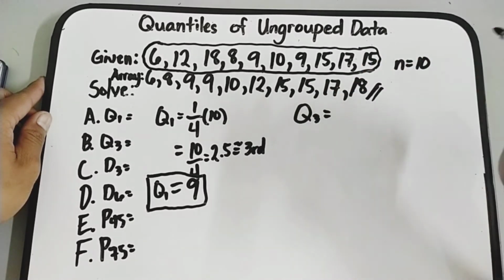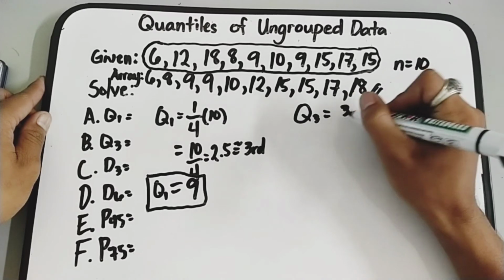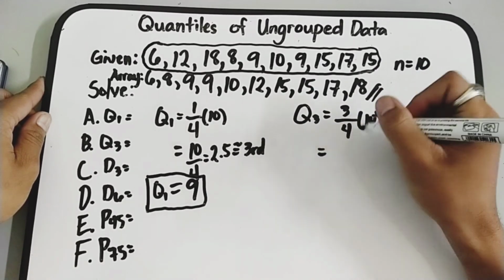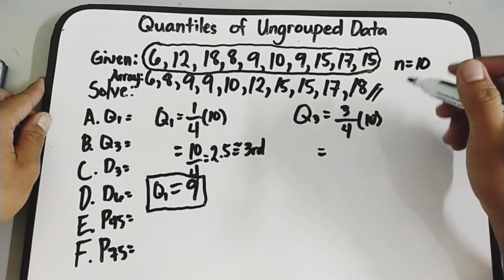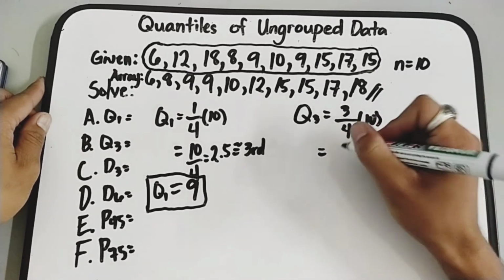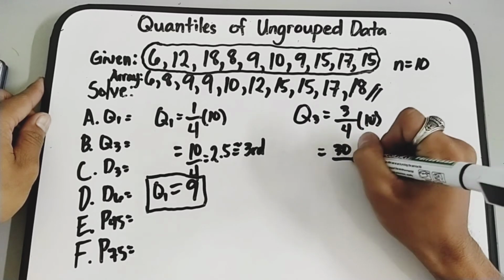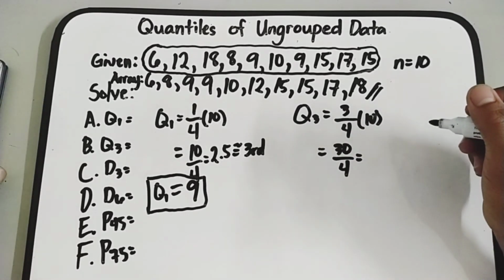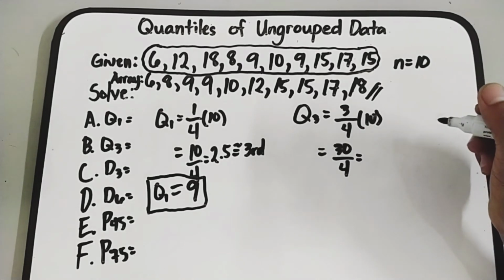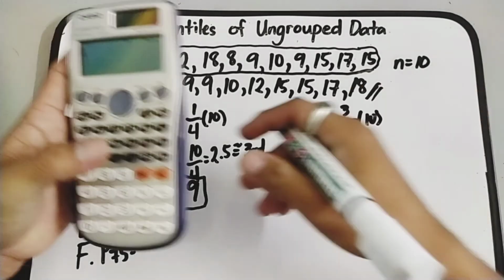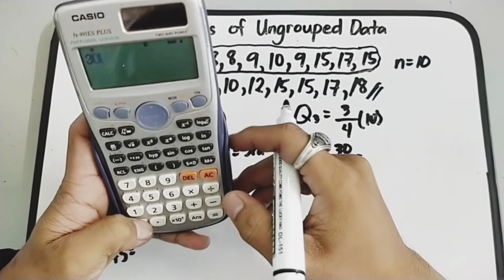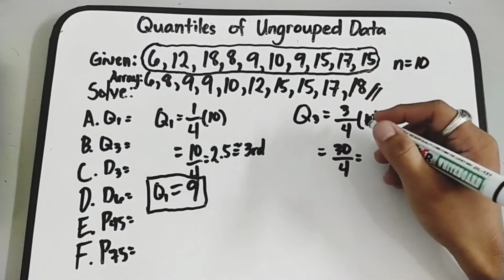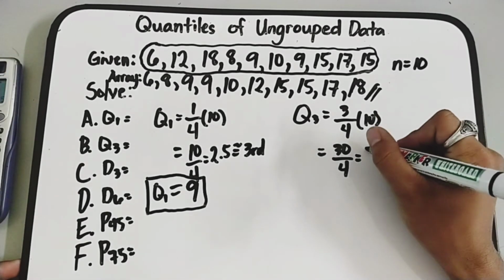In our quartile 3, same procedure, 3 over 4 times 10. 3 times 10 is 30. Over 4, we have 30 over 4, 30 divided by 4 is 7.5.